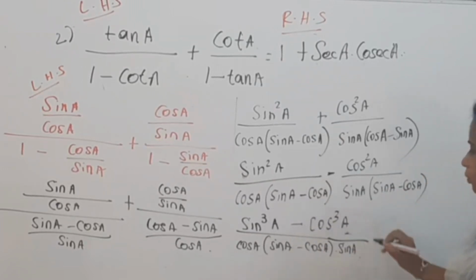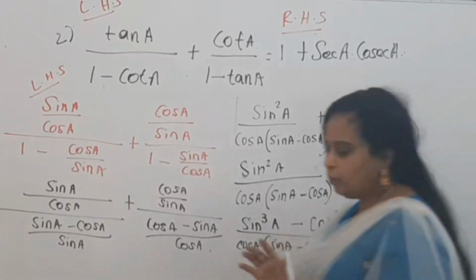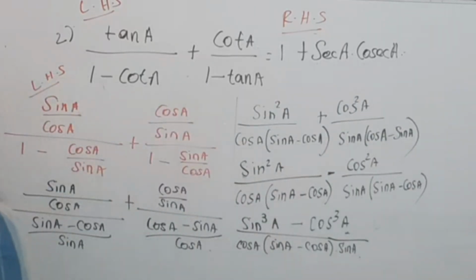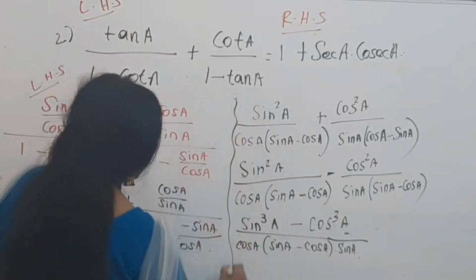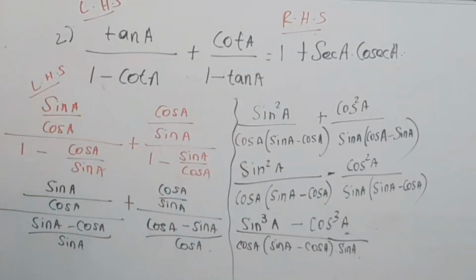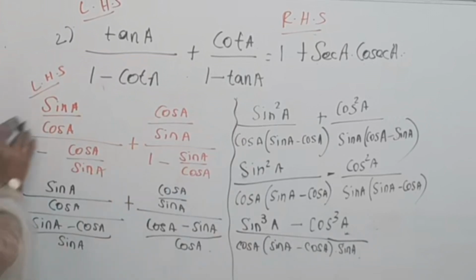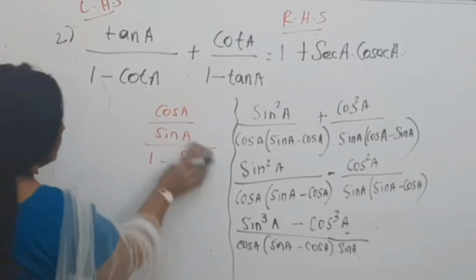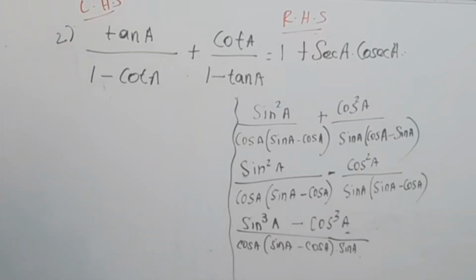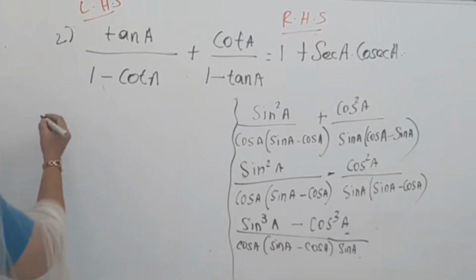Hope you understand the denominators are the same, so the numerator is just subtracted. So I have my numerator as sine cube A minus cos cube A. Now the next identity, next step would be a cube minus b cube. So what is my a cube minus b cube?